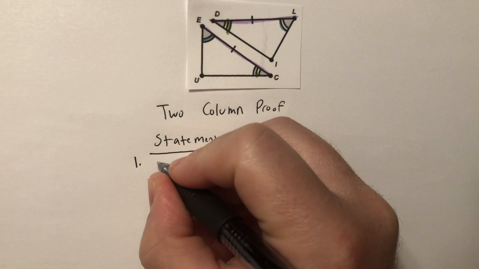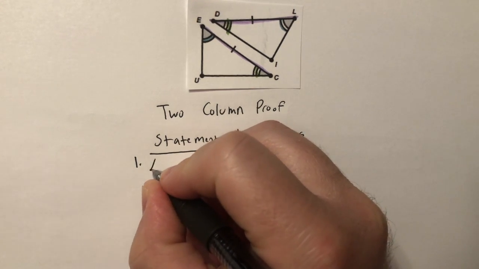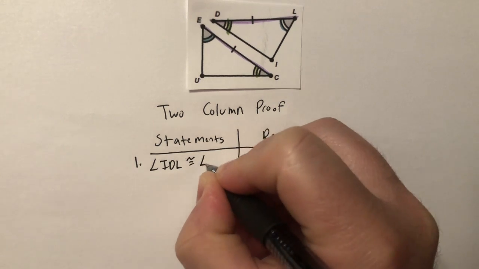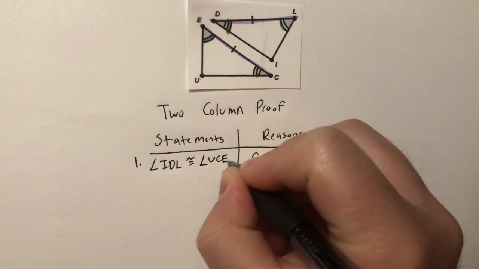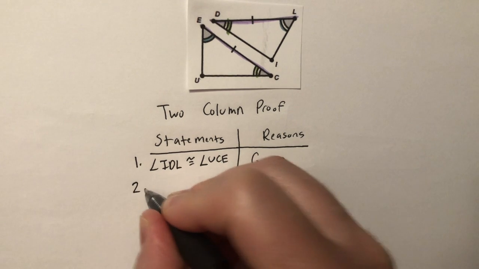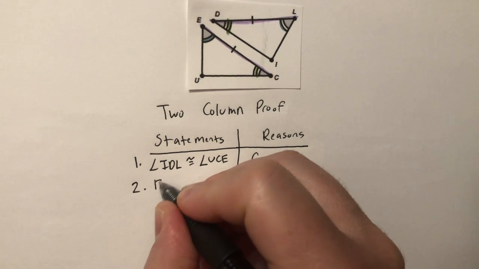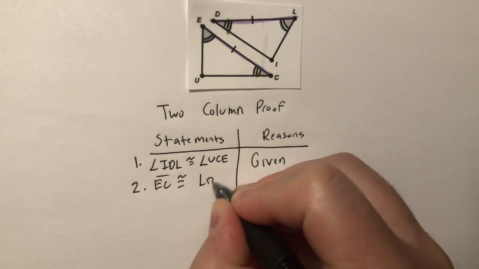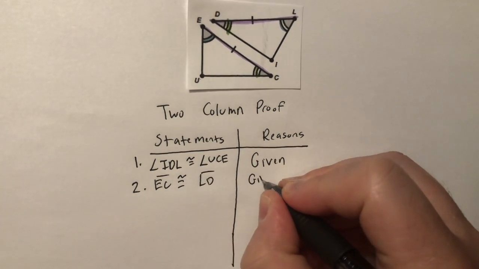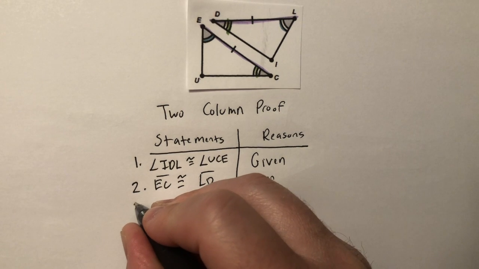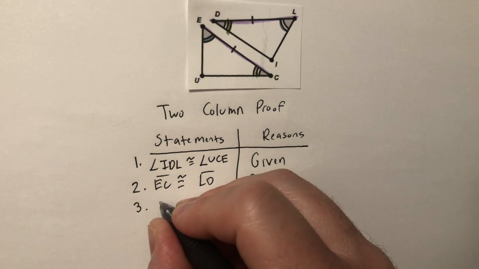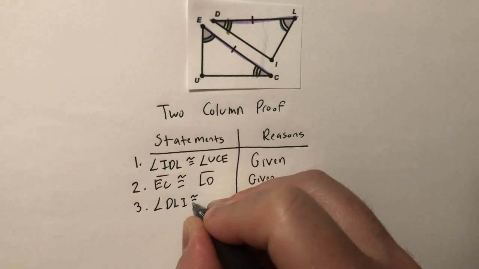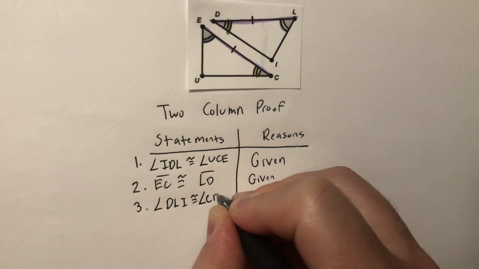So step 1, angle IDL is congruent to angle UCE. Step 2, side EC is congruent to side LD. This has also been given based on the notation in the picture. Next, angle DLI is congruent to angle CEU.